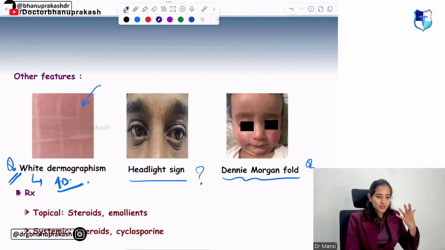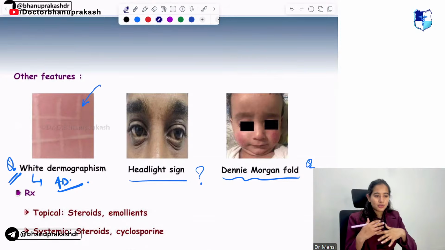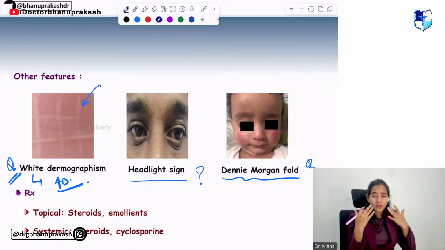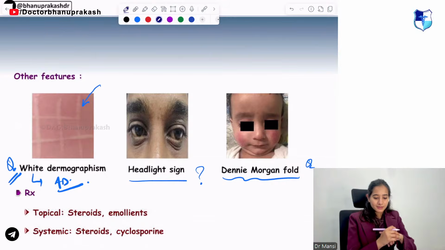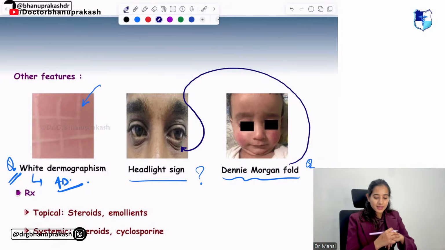Because they have itching, they will rub their eyes. Allergic rhinitis is a condition where the itching happens overall. Like here also the patient is going to do a lot of itching here and there. Eyes will have itching. This is going to lead to a condition called Dennie-Morgan fold.